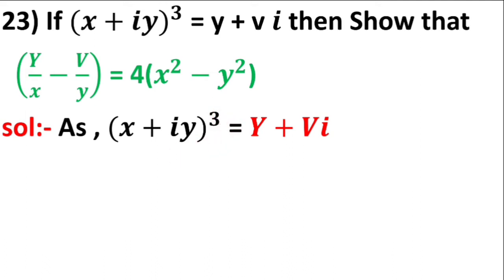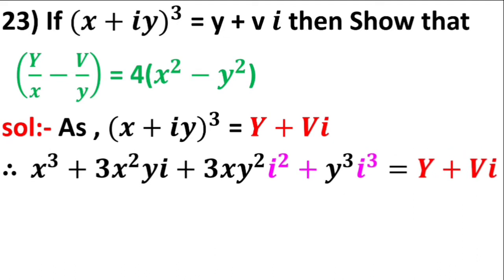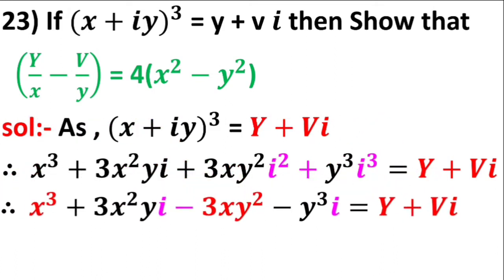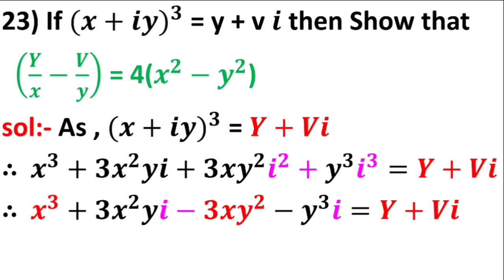That is nothing but x cube plus 3x square into iy plus 3 into x into the square of the second term, that is i square y square, plus y cube into i cube, is equal to RHS as it is. Now here you have to substitute the value of i square and i cube. What is i square? Minus 1, and here i cube is minus i. So after substituting these values you will get it in this form.